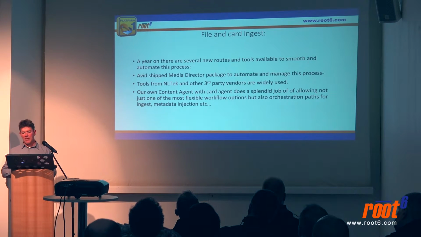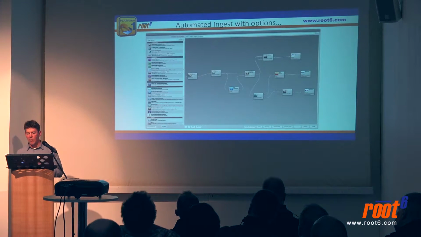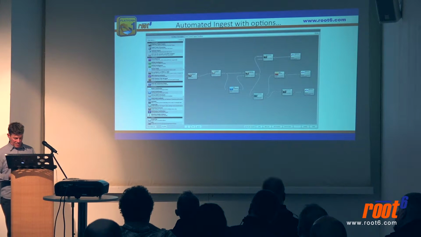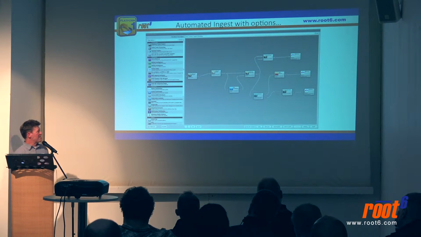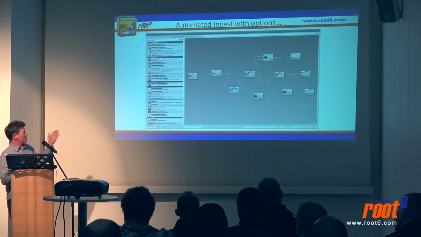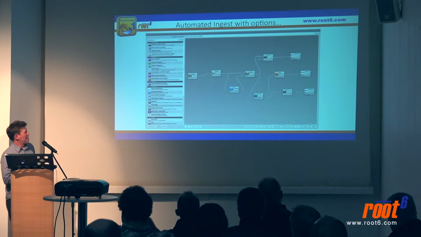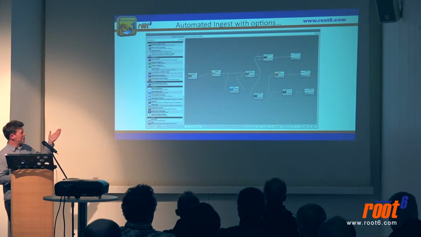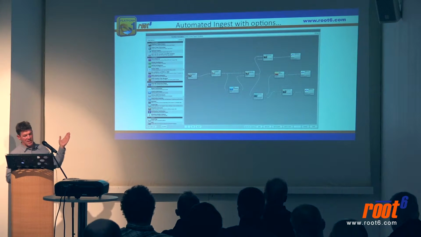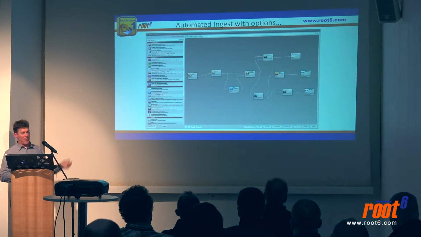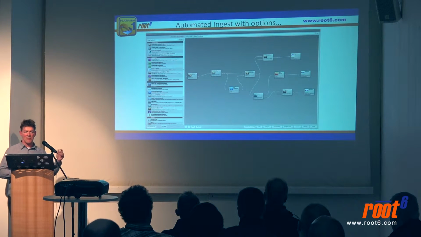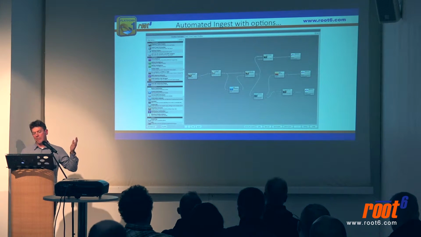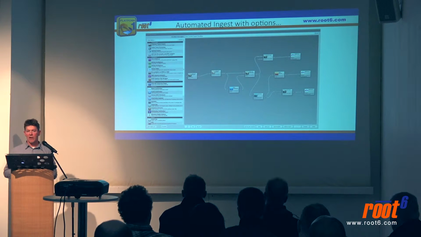So I think it's not just about a transcode and getting the file in for editorial. There's so much more to this process now, and that's very much the realm that we are focusing on. This is an example of a typical ingest process where you may have some metadata extraction, some metadata augmentation, a decision tree in terms of which files will go to different destinations, some different quality derivatives, a check into Interplay, and maybe even a push out to archive.